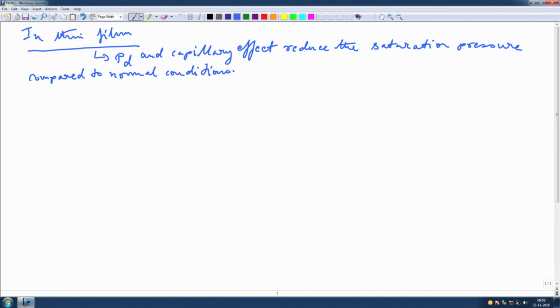This is a statement and we are going to prove it. What we are saying is that both the disjoining pressure and the capillary pressure have an effect on the saturation pressure.